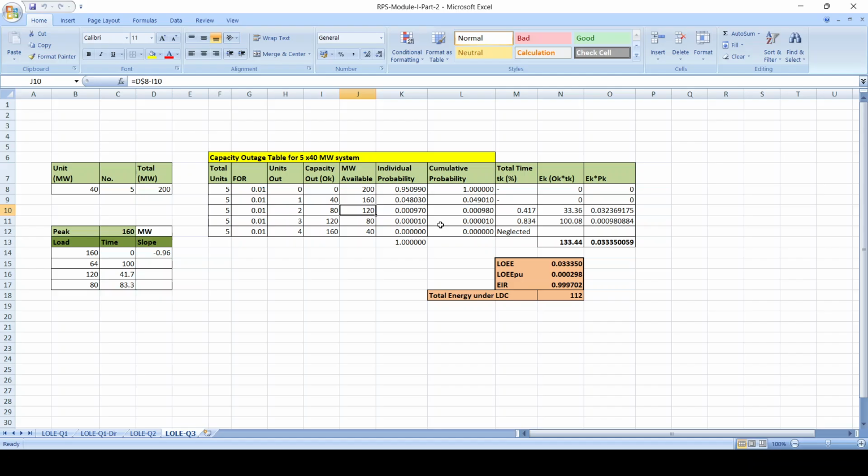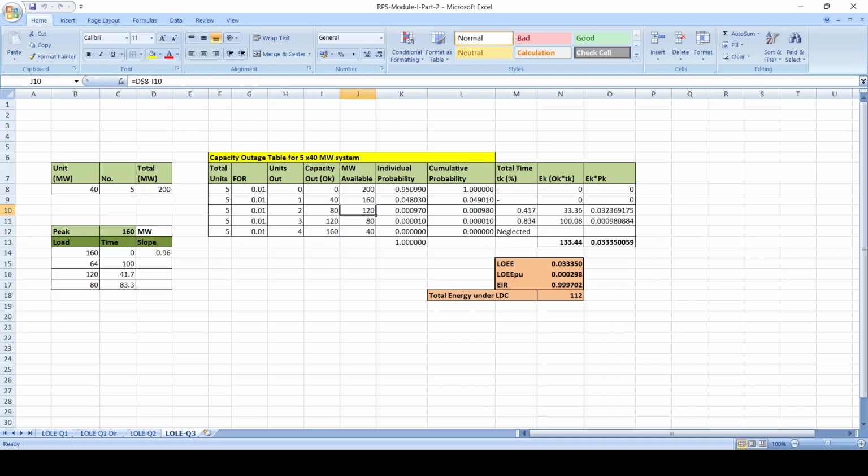Okay, so what is the loss of load and hence the corresponding energy? So the loss of load will be for only 41.7%.